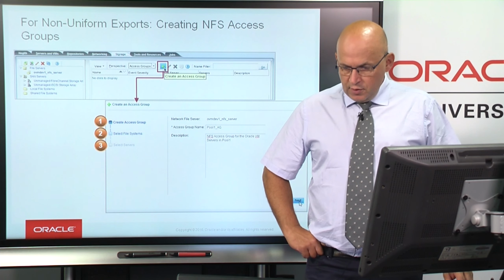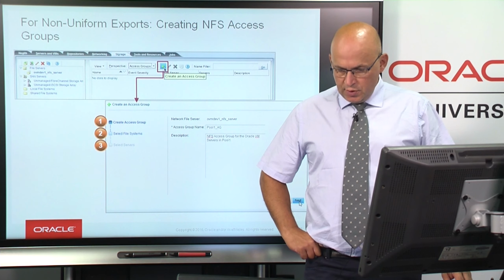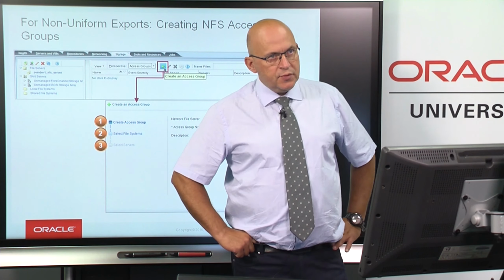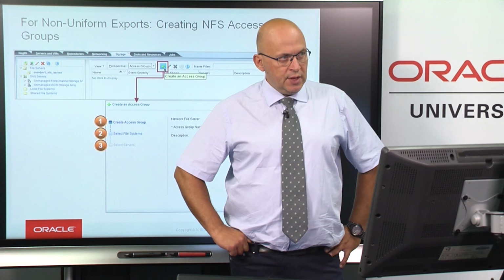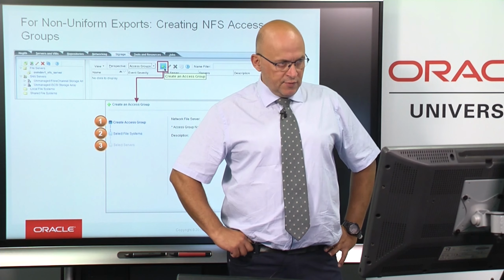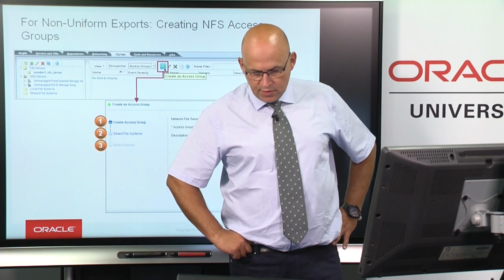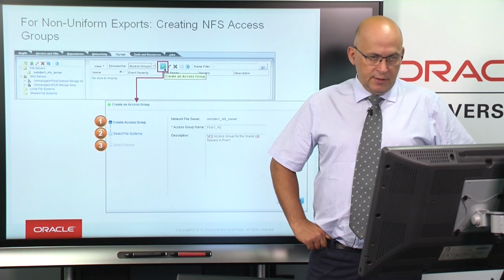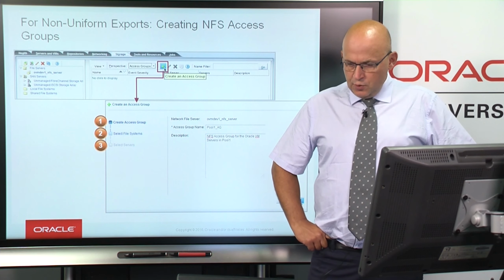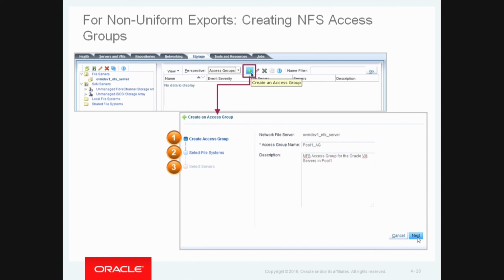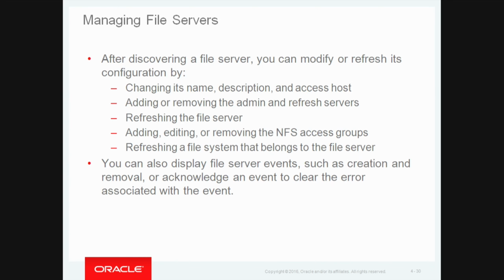Now, if you are using non-uniform exports, then after the previous step, you might see some additional warnings telling you that you have to proceed to some additional configurations. In this case, you have to create NFS access groups to be sure that every file system in every particular file server can be refreshed by an appropriate Oracle VM server.